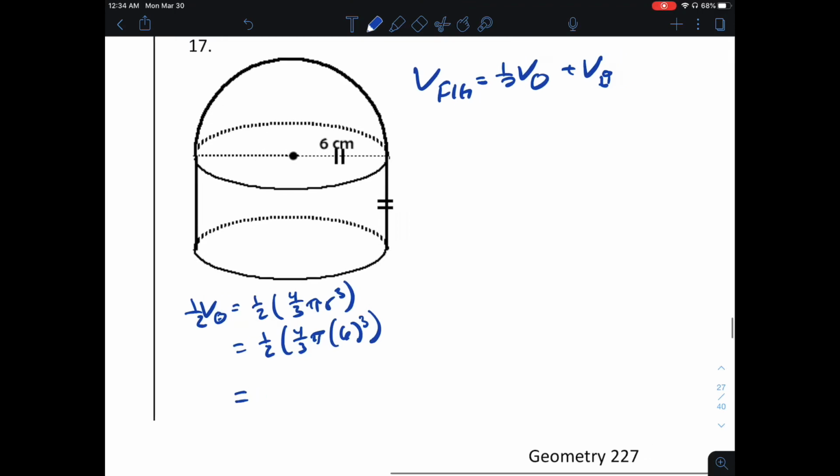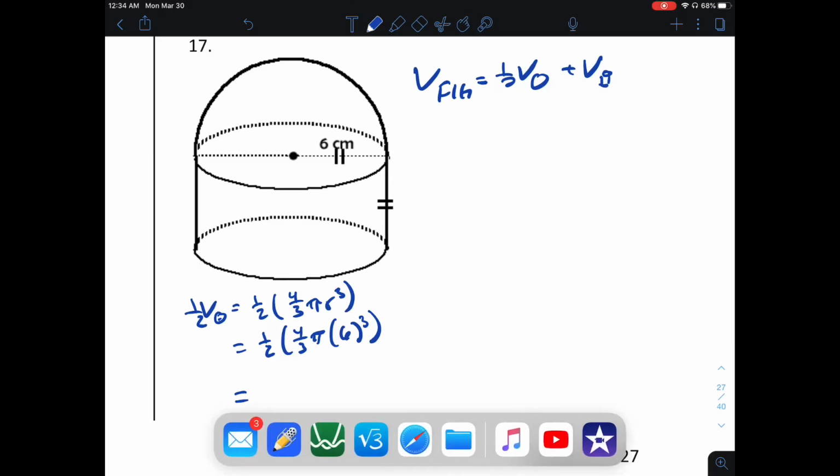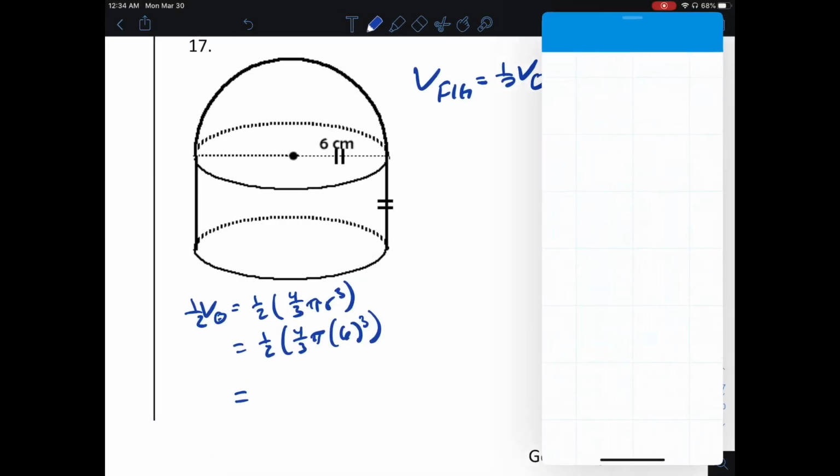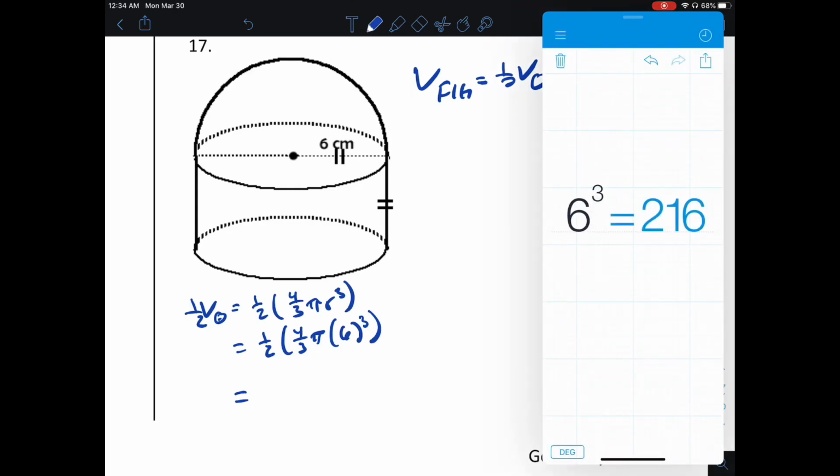Six cubed. Let me pull out my calculator for this. It is 216. So we got 1 times 4 is 4, 2 times 3 is 6. This is going to be 216.